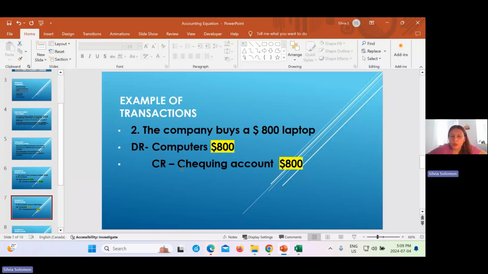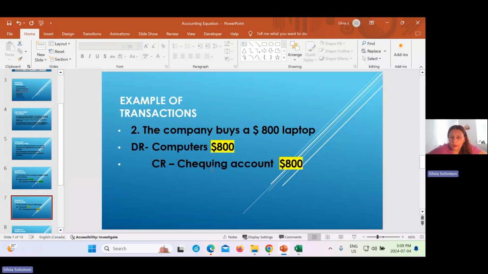Let's say that we paid for the laptop with a debit card, so we took the money from the checking account. So the money in the bank decreases. We took $800 from the bank and we bought the laptop.